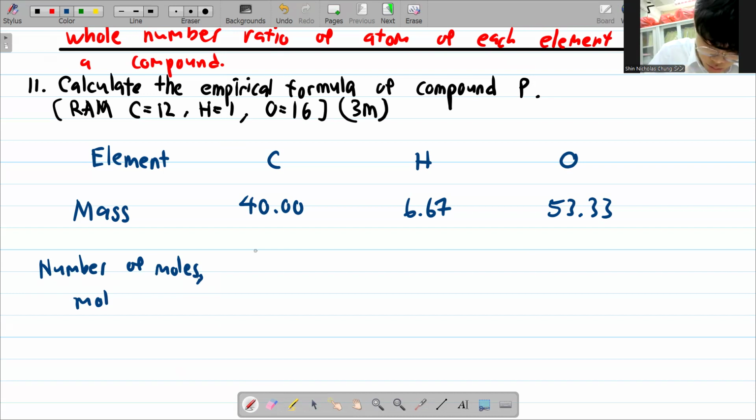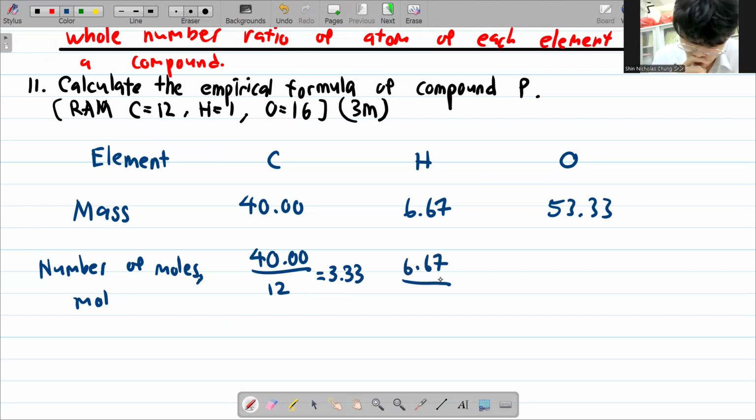Our mass is 40 divided by carbon's relative atomic mass, which is 12. So how much do we get? We will be getting 3.33. Next, hydrogen, the mass given is 6.67. Then the relative atomic mass for hydrogen is 1. So whatever divided by 1, you get back the same number.